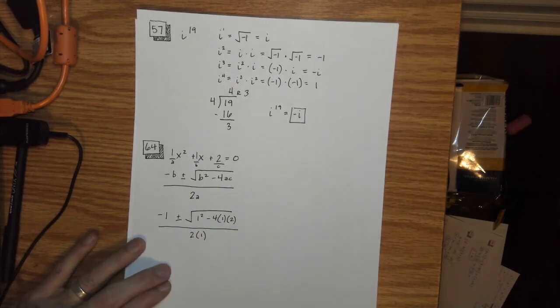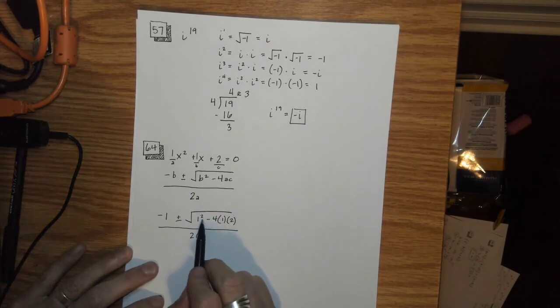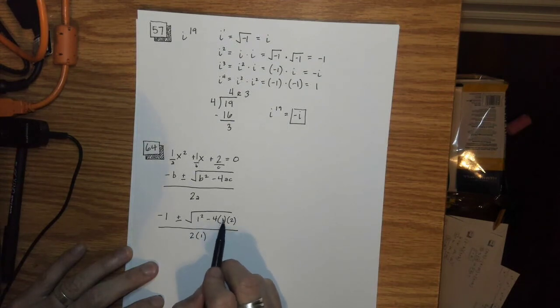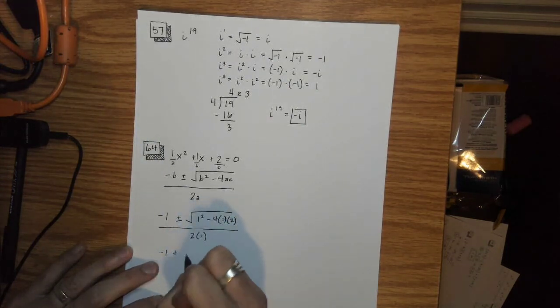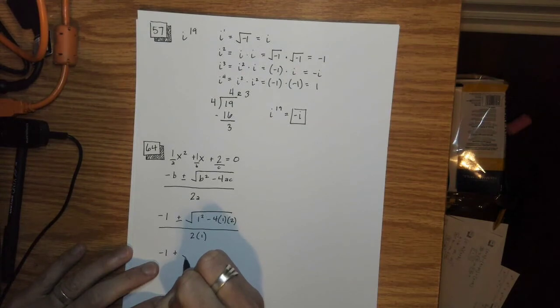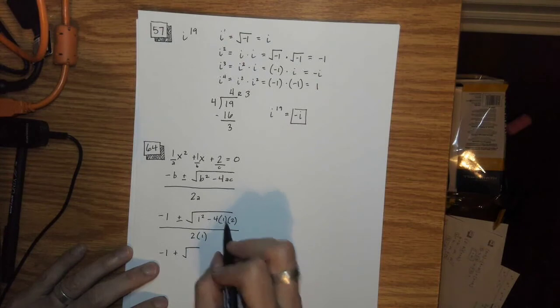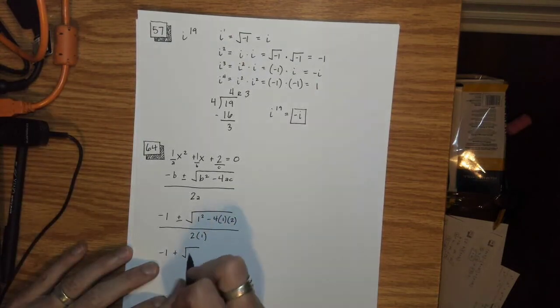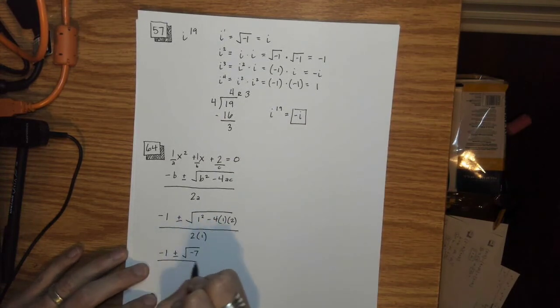Okay? So we're going to simplify this, and here 1 squared is 1, and then we got minus 4 times 1 times 2. 4 times 1 times 2 is 8. So this is just negative 1 plus or minus, and we did 1 minus 8, which is a negative 7, plus or minus there, and then 2 times 1 is 2.